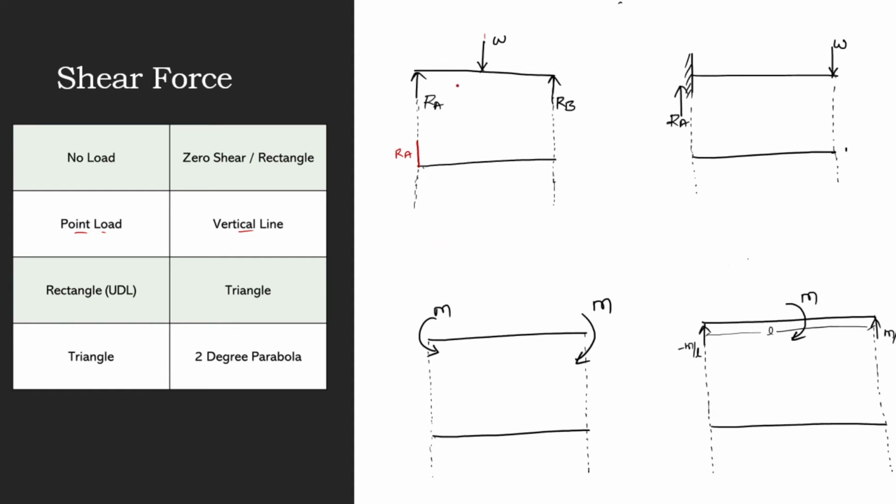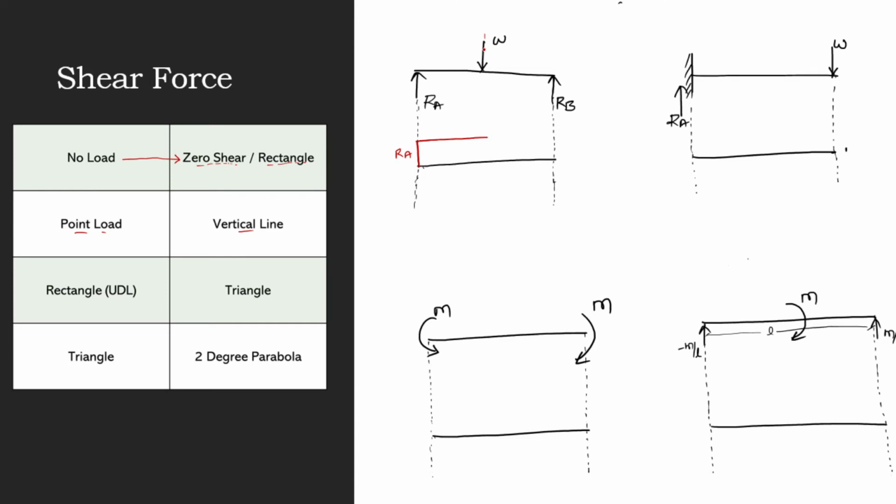Now next part, between RA and W there is no load. Look at this part, students. What happens when there is no load? When there is no load, you will have zero shear or a rectangle, that means you will draw a straight line. So you will make this into a rectangle here, zero shear.